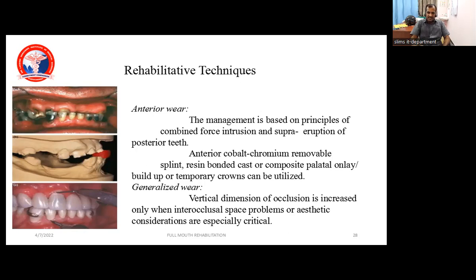For example, if all the teeth are worn out, the anterior and the posterior teeth, correction is really, really difficult for the clinician, because other problems arise, like replacement of the worn out structure. That will end up with a further increase of vertical dimension or increased interocclusal space. And even aesthetically, it won't be compatible for the patient.